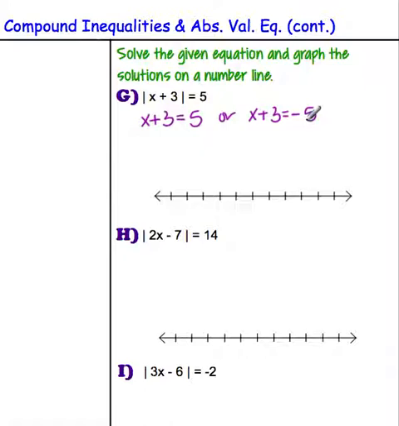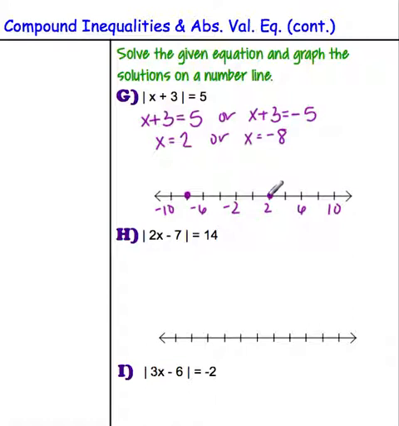If I solve this by subtracting 3 from both sides, I get x equals 2, or x equals -8. So when I go to graph that solution on the number line, x equals -8 or x equals 2.